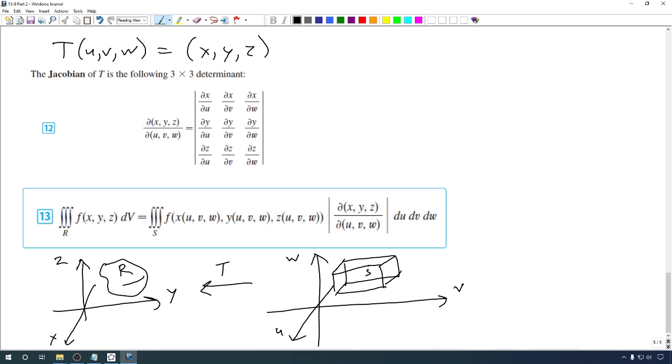If you go back to the other video where we talked about our formula for substitution, we introduced a derivative. The Jacobian here is just playing the role of our derivative. It's just we have to be a little bit more careful about the signs when we get to higher dimensions, just because things are a little trickier to work with. But the point here is that we really just get to plug in our formulas for our variables. We introduce a derivative in a sense that's an additional multiplier, and then we get to work in our new variables.